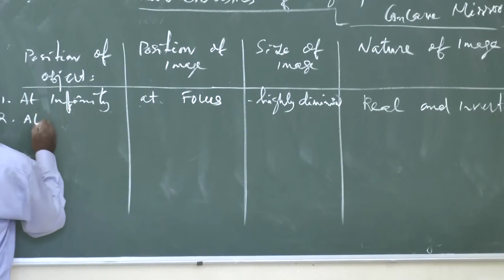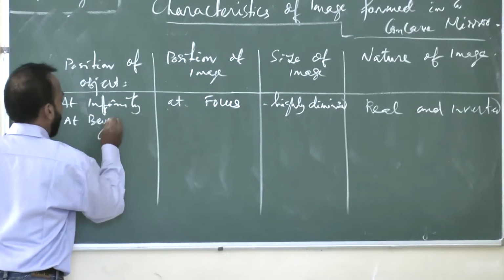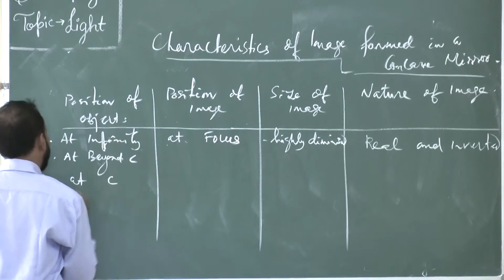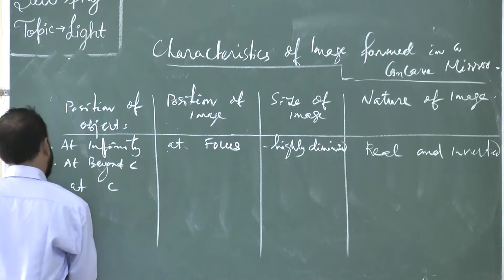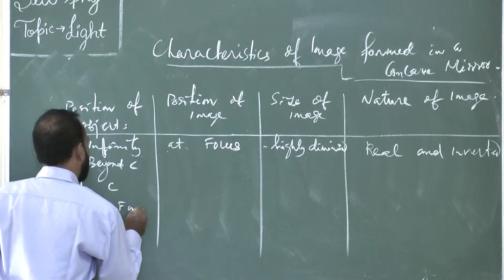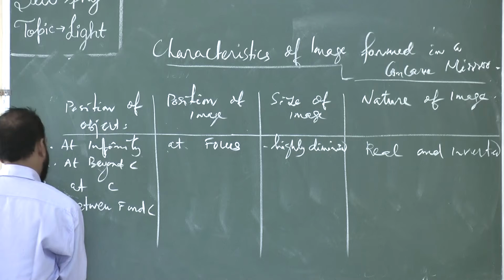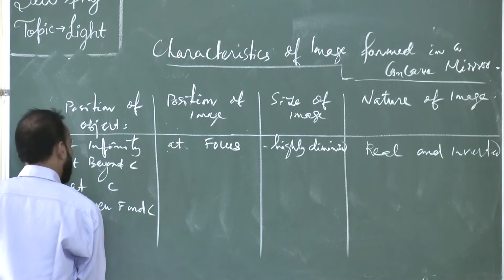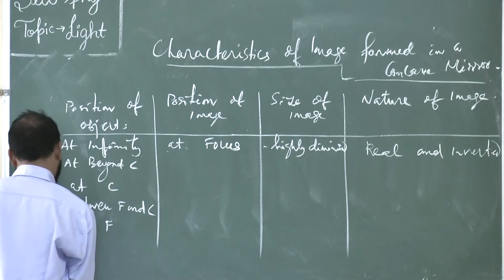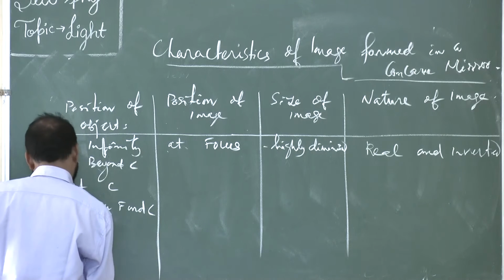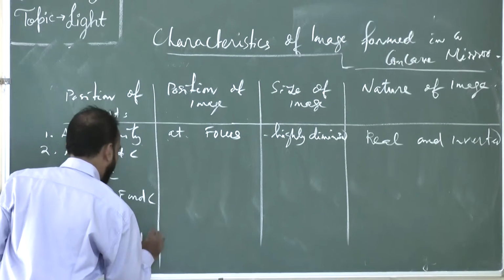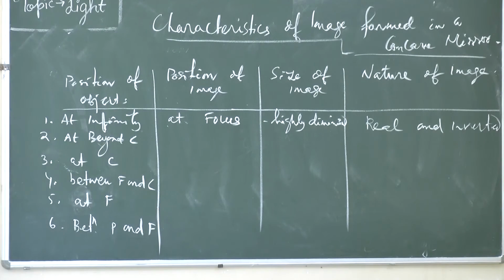Now the second point is beyond C. Third point is at C. Fourth point is between F and C. Fifth point is at F. Sixth and last point is between P and F. Like this, you have to write 6 points.